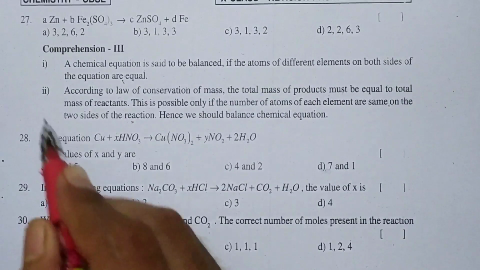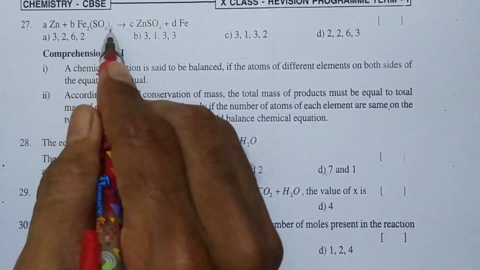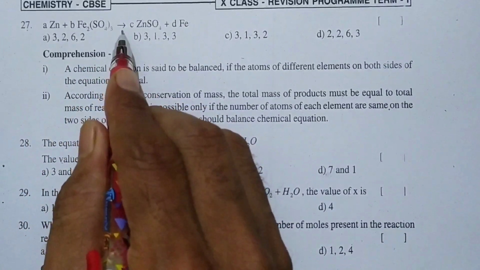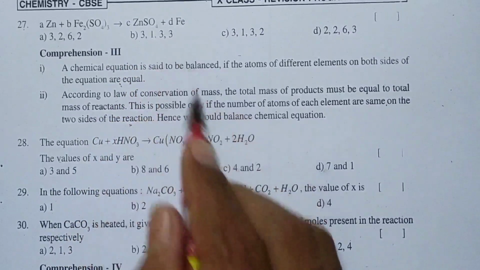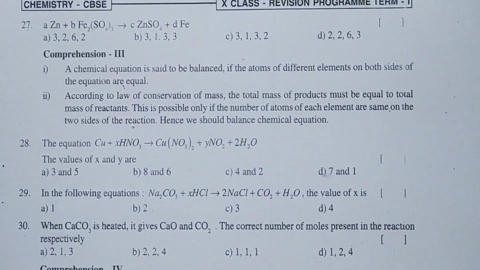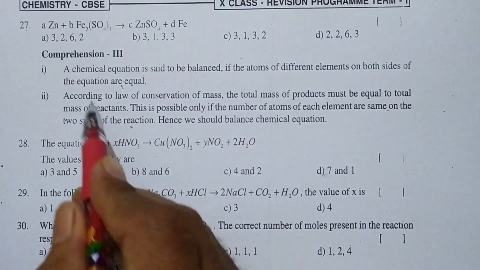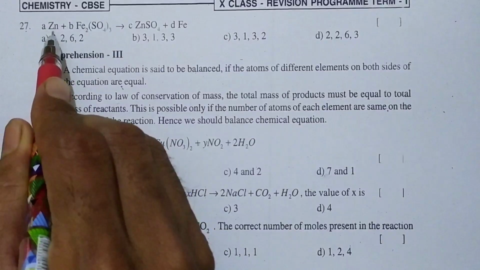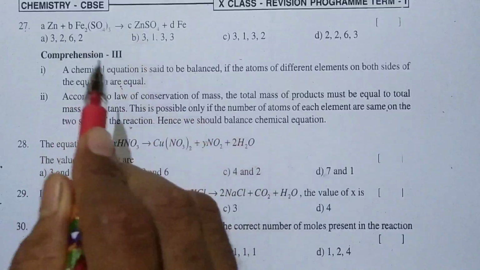Now we see question number 27. A times Zn plus B times Fe2(SO4)3 gives rise to C times ZnSO4 plus D times Fe. So here we are asked to find A, B, C, D respectively. So here let us see Zn. Let us consider this as one time, for example, this also here one time.